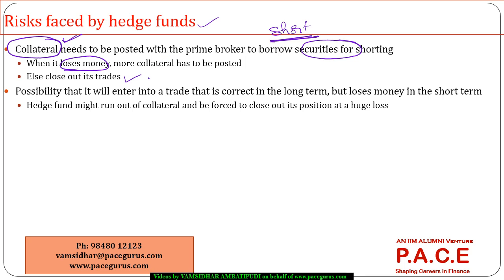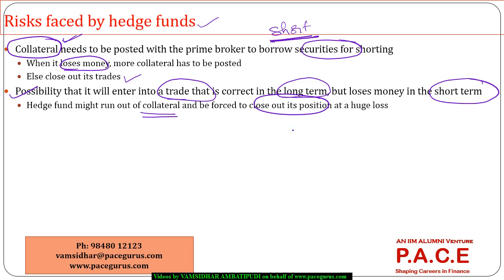One important point that is very essential to understand in the context of a hedge fund is that whatever trade it has entered into might be correct in the long term, but in the short term it might lose money. So in the short term, if it is losing money, more and more collateral needs to be deposited, and in case the collateral fails to be deposited, the position has to be closed out, which may result in a huge loss.